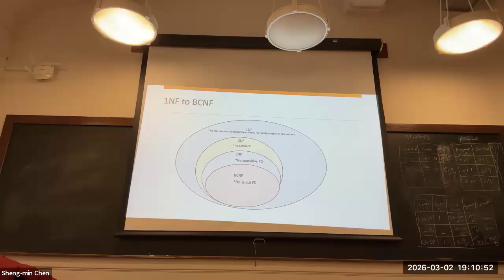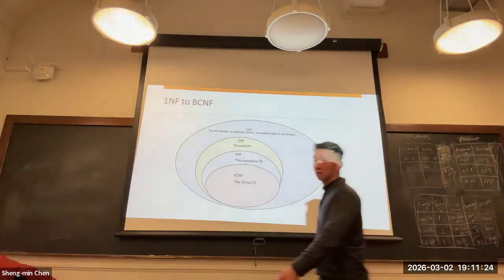So when that happens, we call it a partial dependency, where a partial ID shows up in this table. And what we need to do in that case, for second normal form, is take that partial ID out on its own table. So it will look like this.